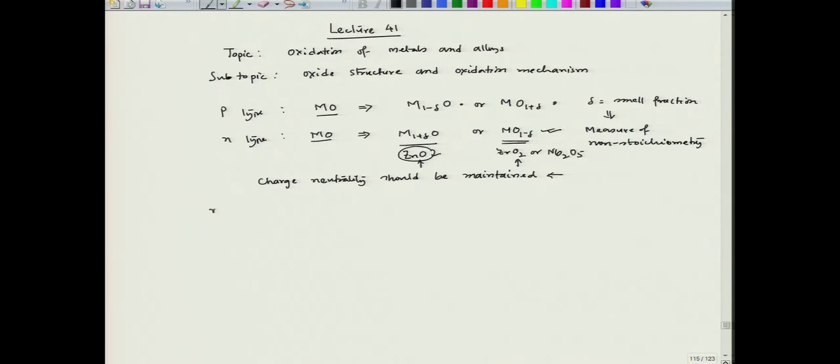So, now N type with MO1 minus delta. This is a kind of imaginary oxide that we will take up for our understanding. We can have a structure like this, where the cross is the metal cation and the circle is the oxygen anion.